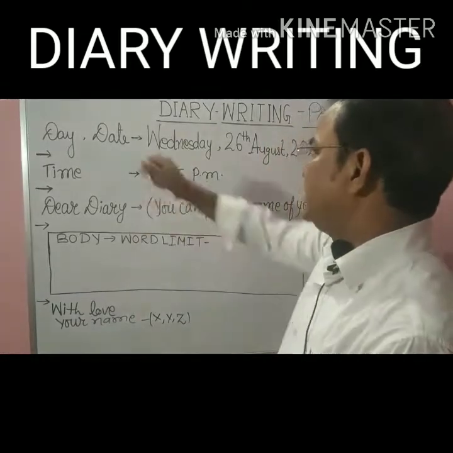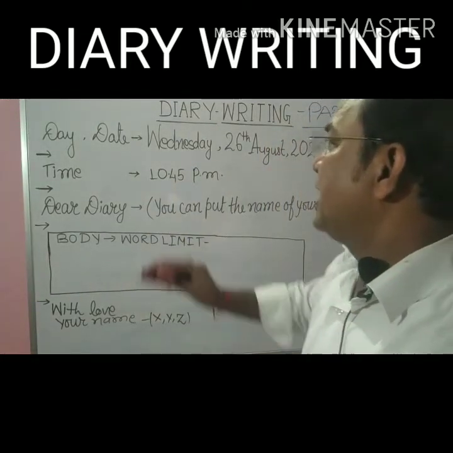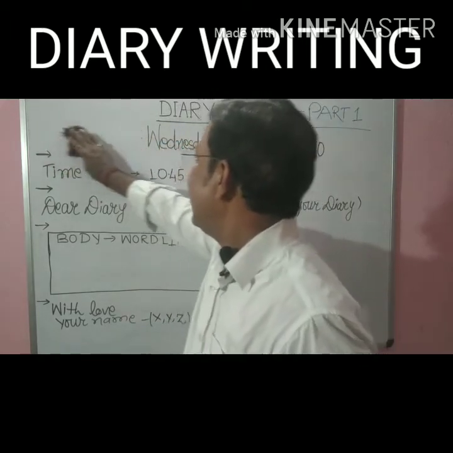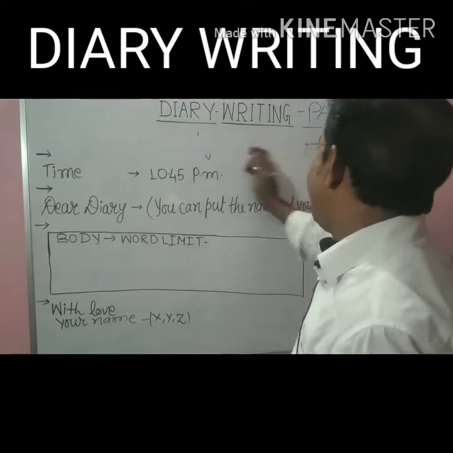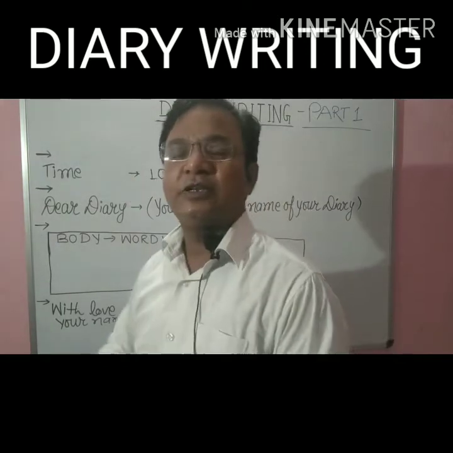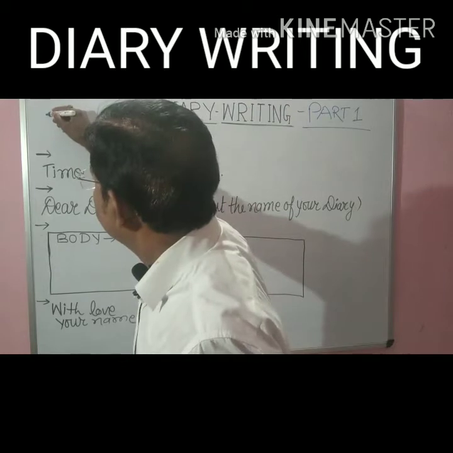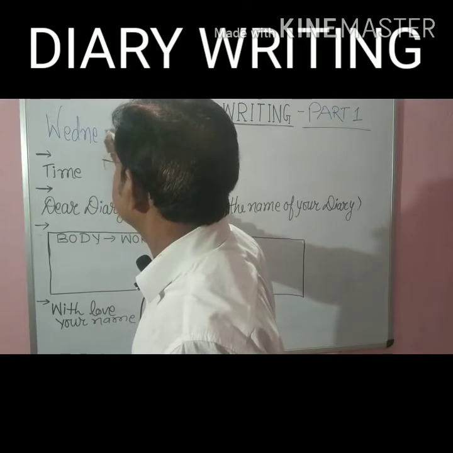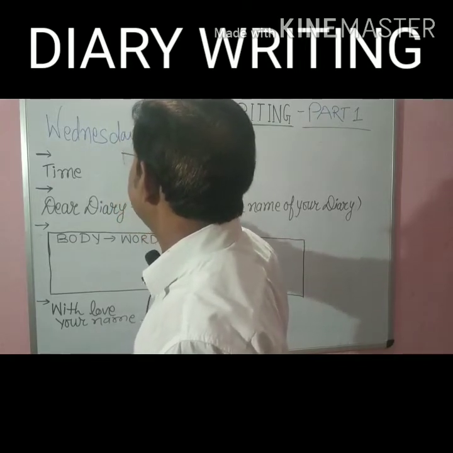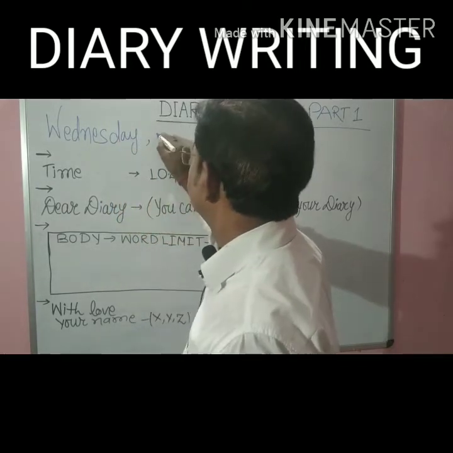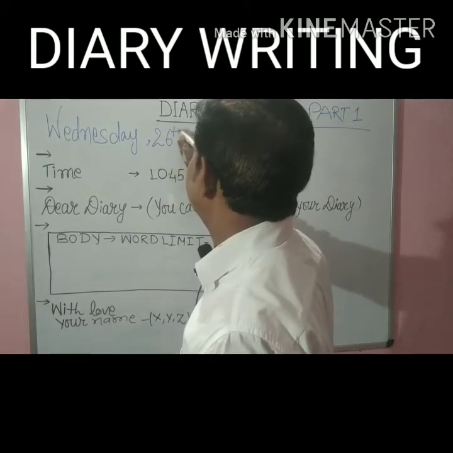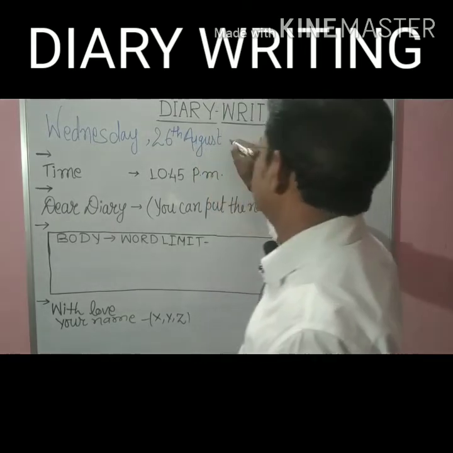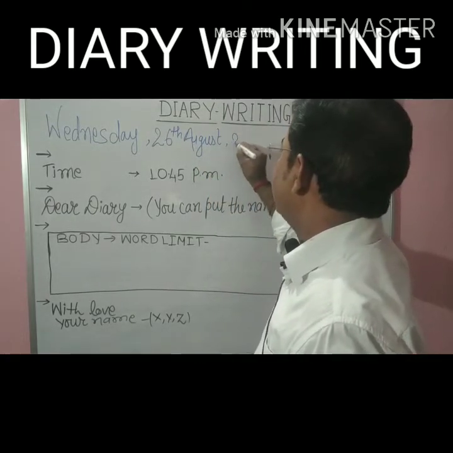So first of all, day and date. I have just removed day and date. And after removing the day and date, I have to write what? It is Wednesday today. Wednesday, put a comma, 26th August 2020.